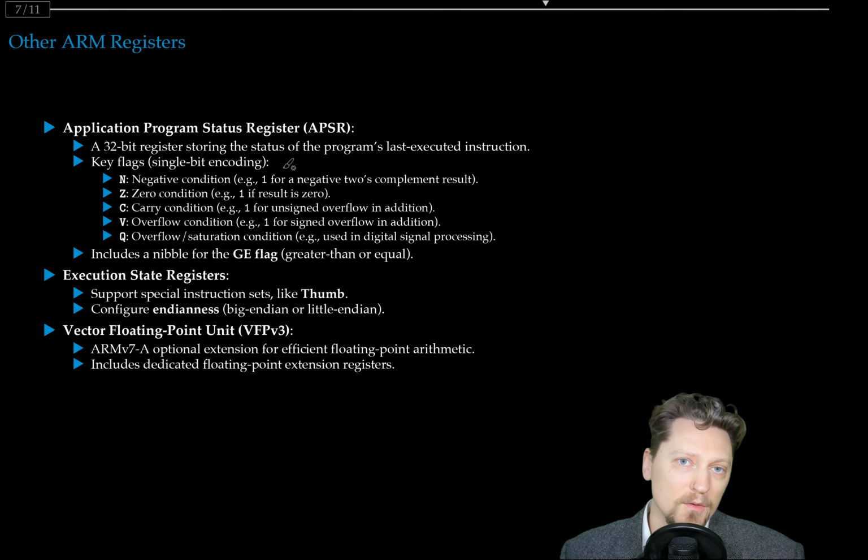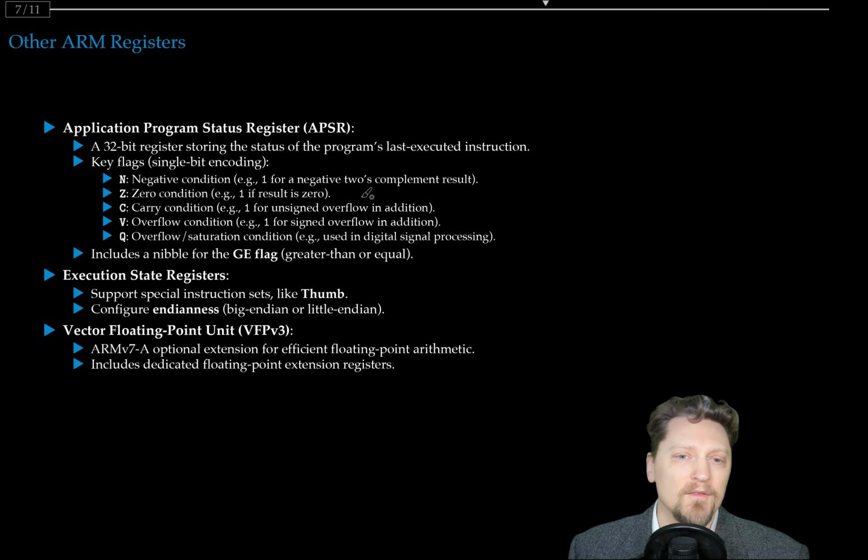So we've looked at 2's complement binary, and if the 2's complement binary represents a negative number, this flag gets set, which means this bit gets set to 1. Z, the 0 condition, is 1 if the result is 0.